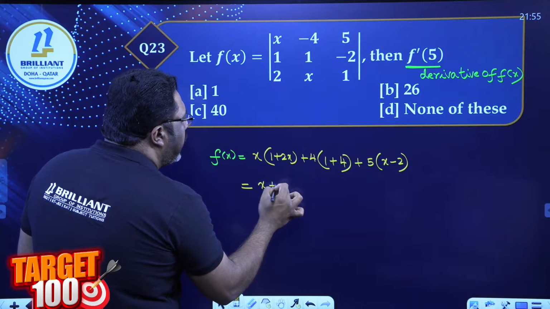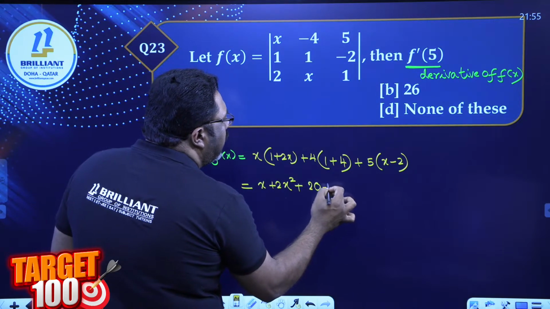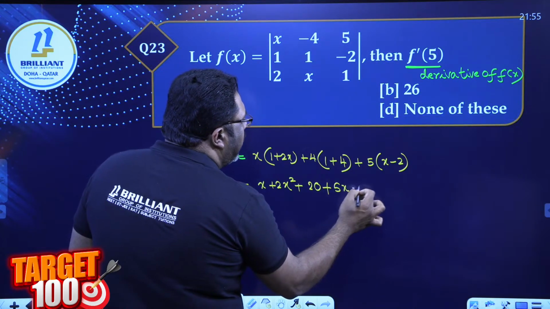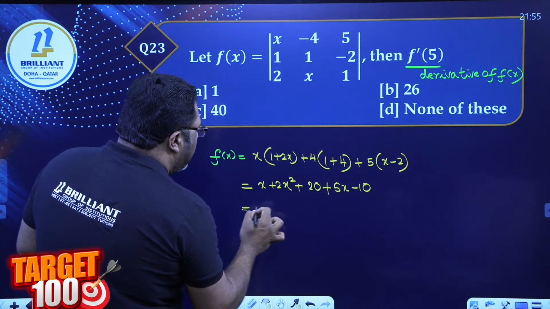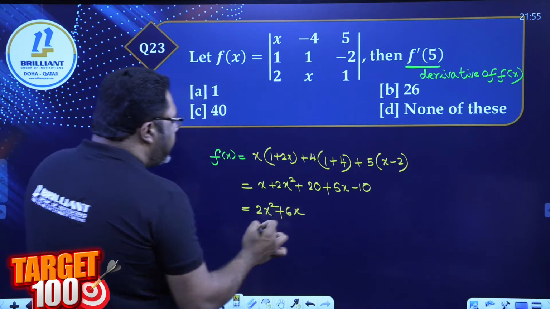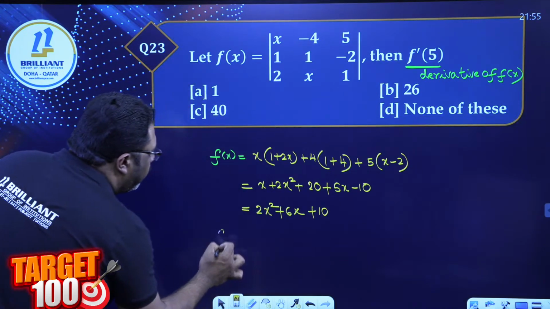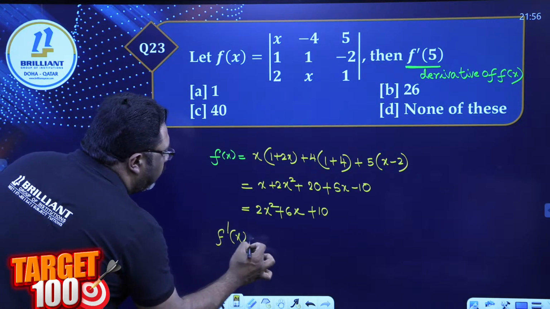Multiply: x plus 2x squared plus 5 fours are 20 plus 5x minus 10. 2x squared plus 6x plus 10. Now what's f dash? What's the derivative of this function?